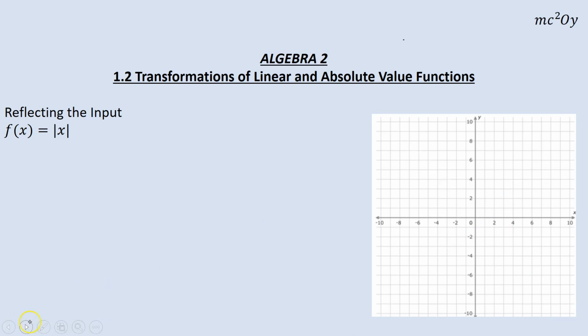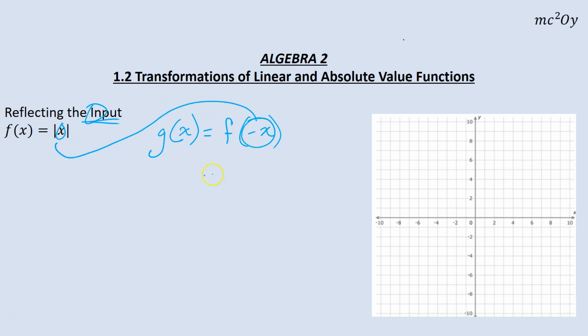Now, when I'm reflecting the input, it's again going to seem a bit weird. You have f of input, which means it happens on the inside. Negative x replaces that x, so we end up with the absolute value of negative x.